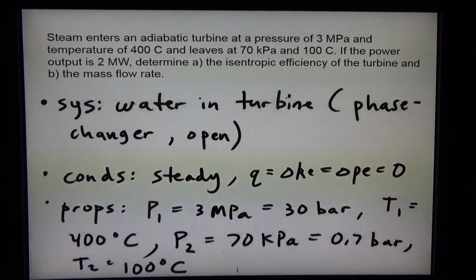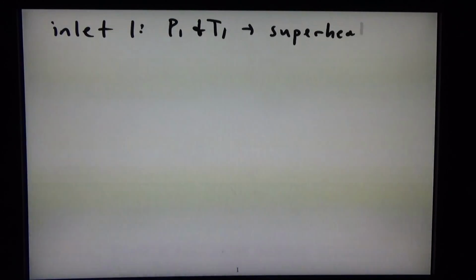Alright, for inlet 1, let's look at the properties, and we're trying to get specific enthalpy. At the inlet, we know the pressure is 30 bar and temperature is 400. We also know it's superheated because the problem said we had steam at the entrance. So we don't need to determine the phase, we know it's superheated.